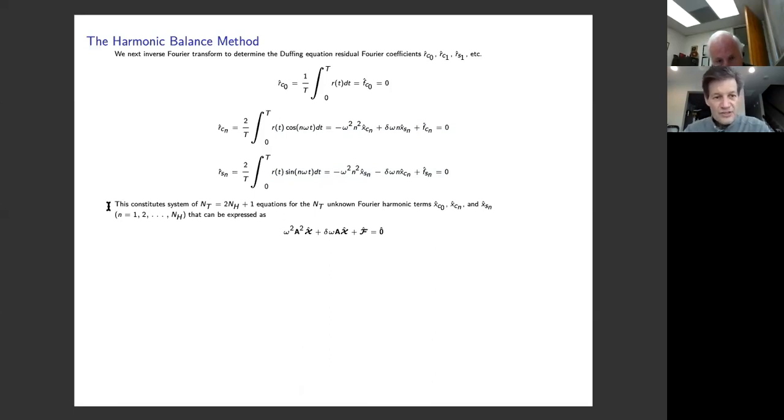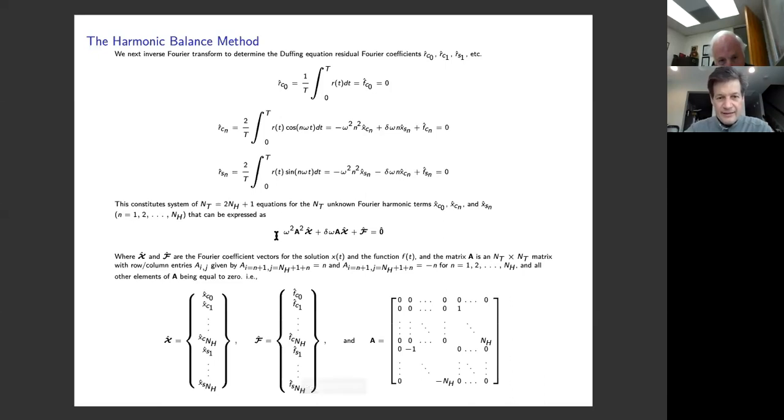And so you end up with a system of Nt equations, which is 2 times the number of harmonics that you keep, for the unknown coefficients x0, cn, and xnt, that can be expressed as this equation here. And x hat is these terms of the Fourier series coefficients, which are our unknowns, which we're trying to solve.